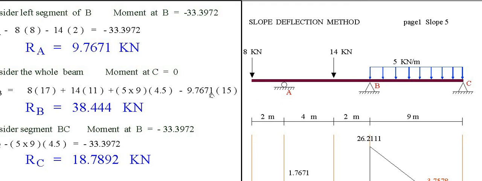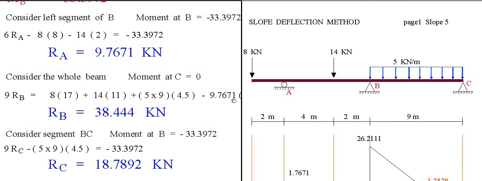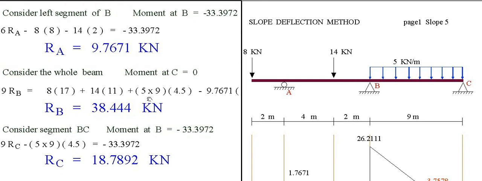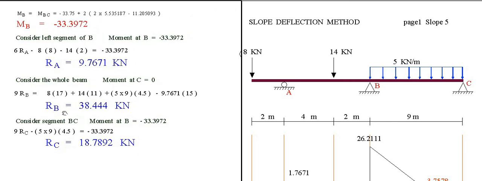Then equate that to 0, supposed to be 0 if they are on the same side of the equality, but one is on the left and the other on the right of the equality. We have one unknown, RB, so RB is equal to 38.444.